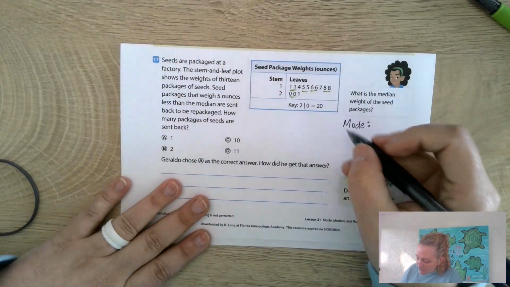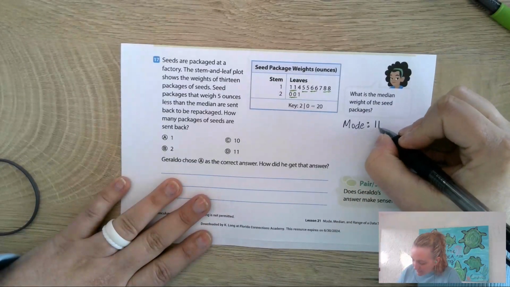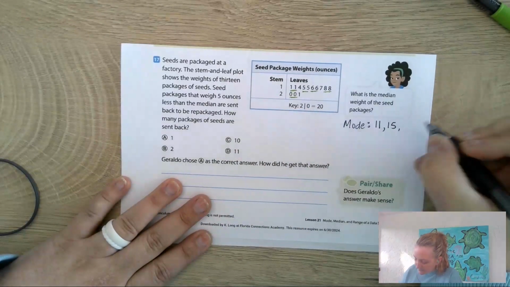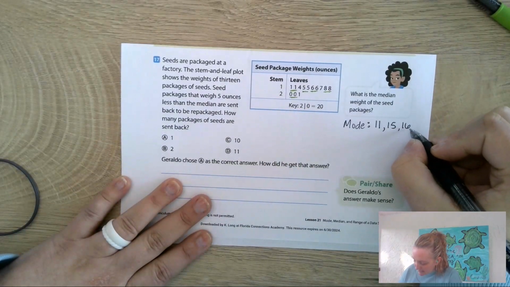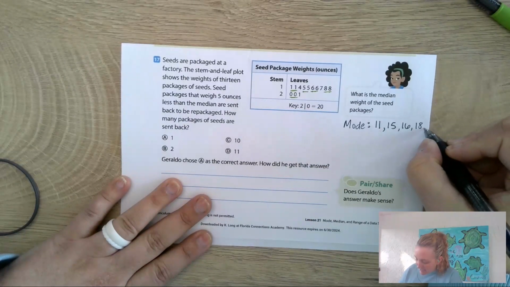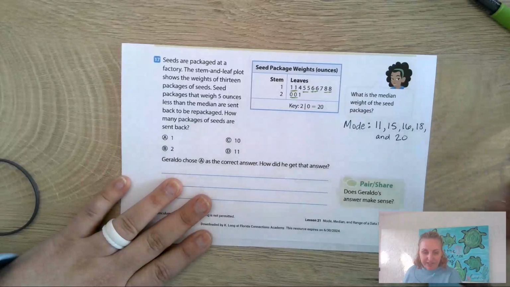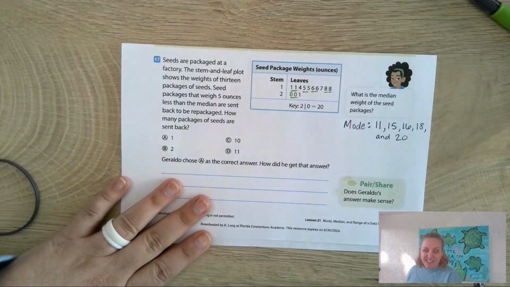So our mode is 11. Remember, it has to be both numbers. 15, 16, 18, and 20. Whew, that's a lot of modes. That's not normal to see that many modes.